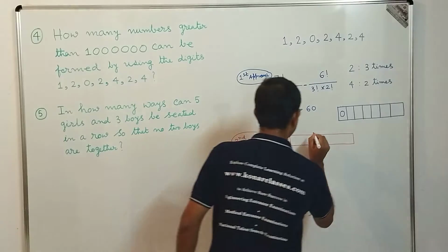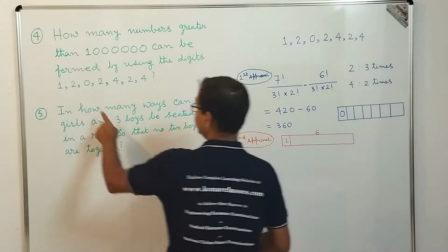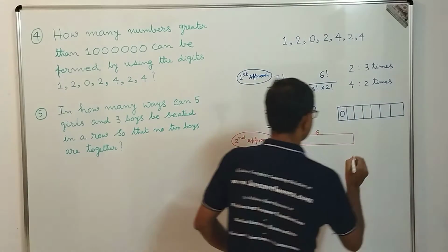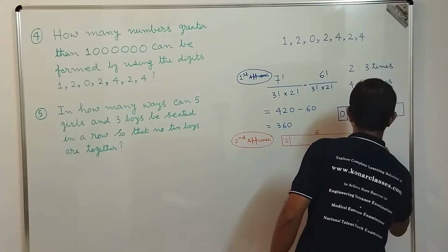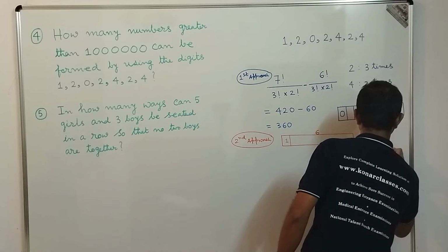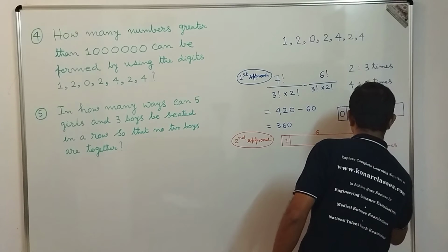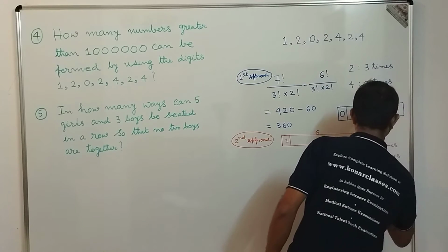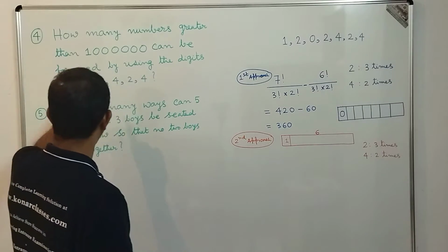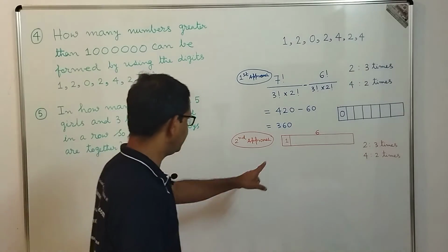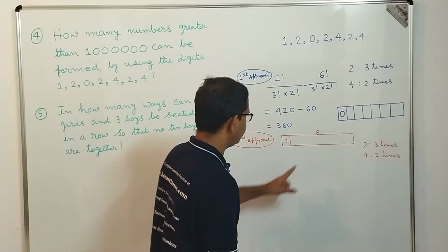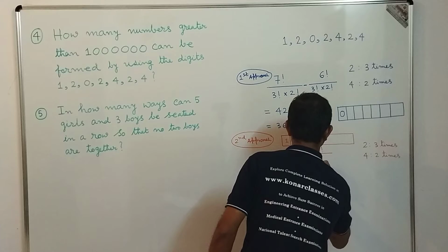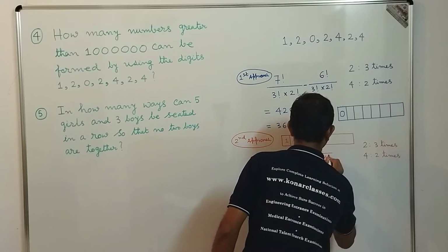Okay, so out of those 6 digits, what we see is that 2 appeared 3 times, and 4 appeared 2 times. Correct? So in how many ways can we make this arrangement possible? That starting with the digit 1, that should be 6 factorial divided by 2 factorial into 4 factorial.